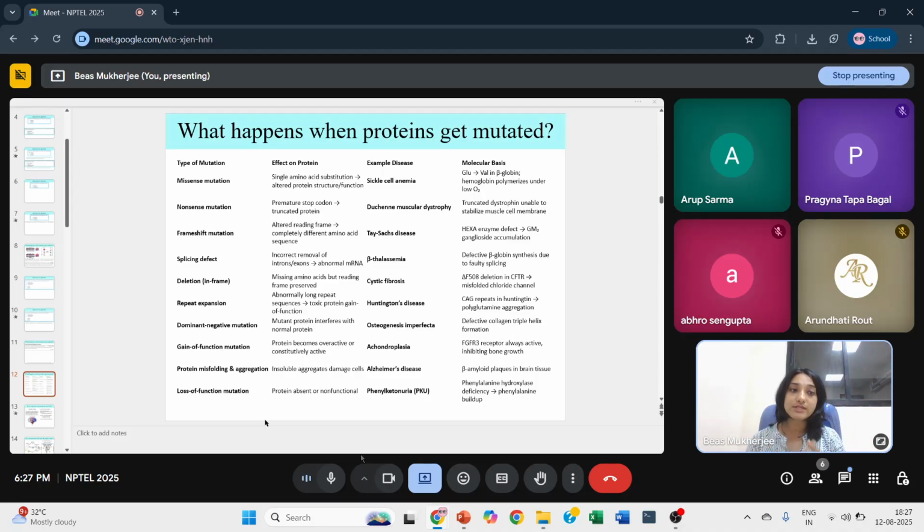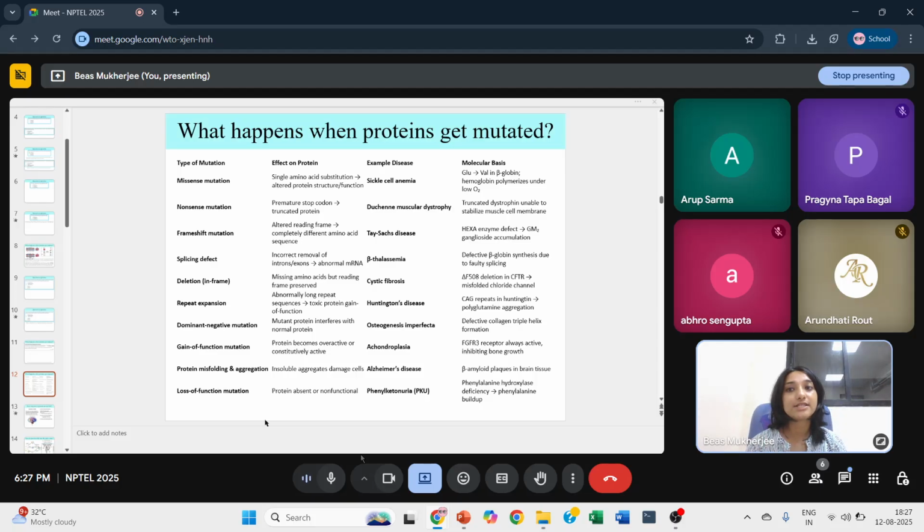You can look into it in detail, and when you start solving the questions, you will come across questions mentioning these diseases. So it's good if you make small notes and know what mutation leads to what, what kind of problem is seen in these diseases, what kind of mutation, what changes in the protein structure and phenotype and everything.